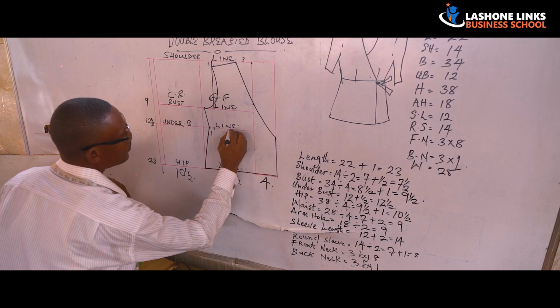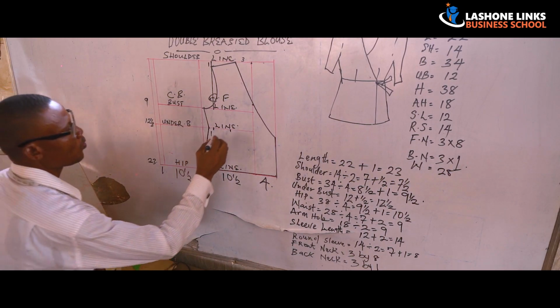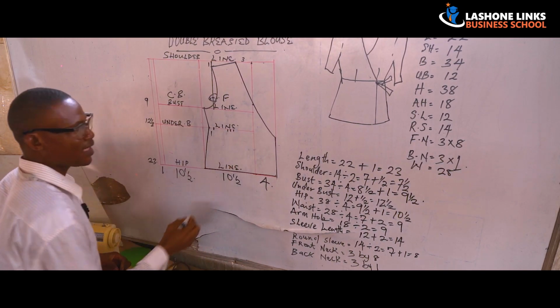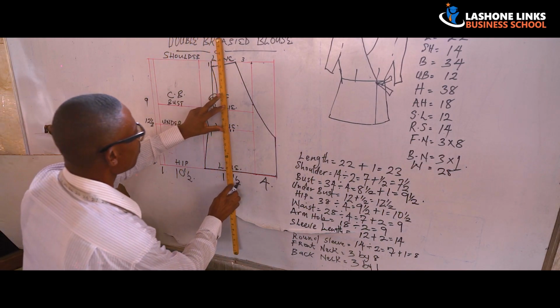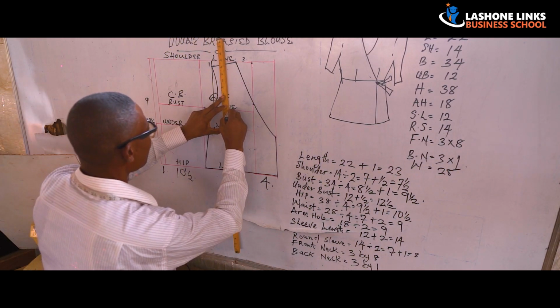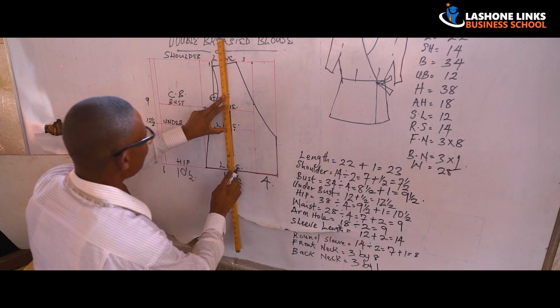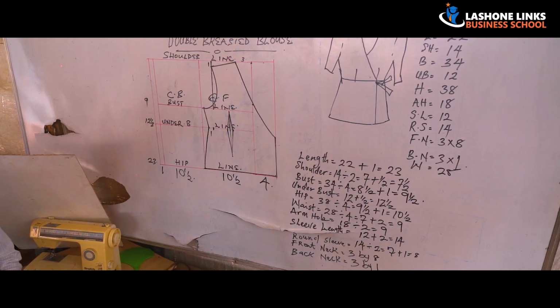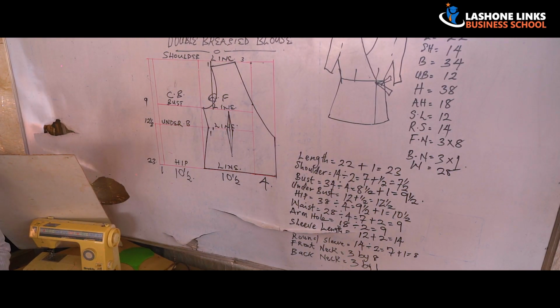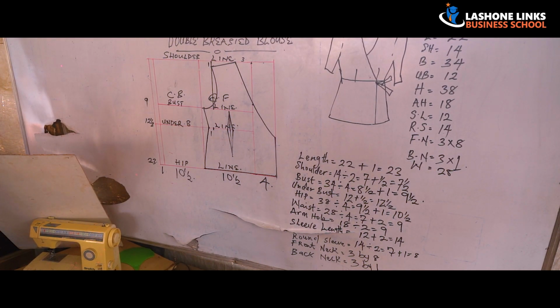You get the center, which is 4 here, and you mark half. That is your dart measurement. So you go up by 4 for your dart, and you come down by 6 and join your dart together. Did you see it? Yes.